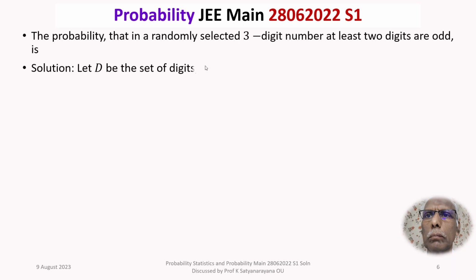We now discuss the solution of the problem in detail. Let's take capital D as the set of digits. Capital D is the set consisting of the digits 0, 1, 2, 3, 4, 5, 6, 7, 8, 9. And D star denotes non-zero digits, namely 1, 2, 3 up to 9, leaving out 0.